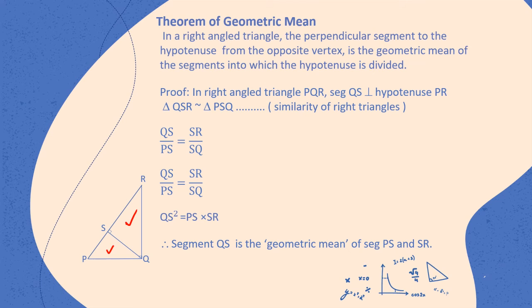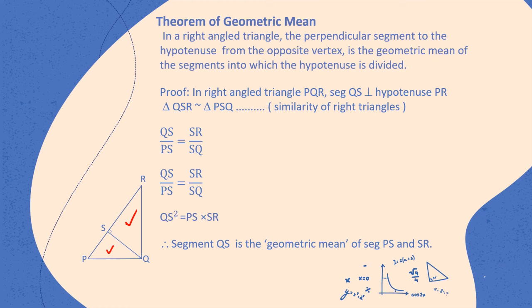We saw it in the previous slide. Hence, QS upon PS, so we are talking about the small triangle, is equal to SR upon SQ.